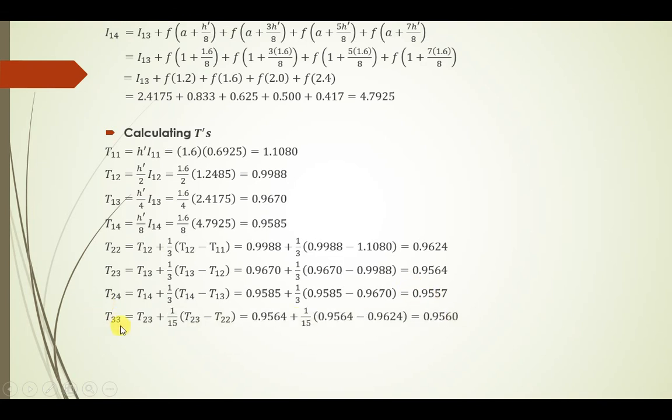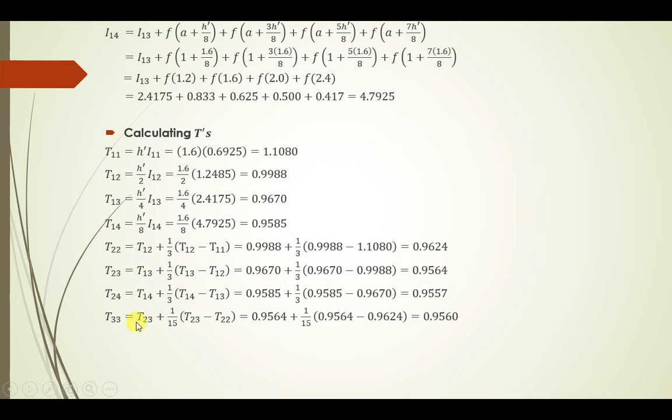Now t33. One less than this 3 is 2, so that is t23, plus 1 by 15 times the same t23 minus t22.